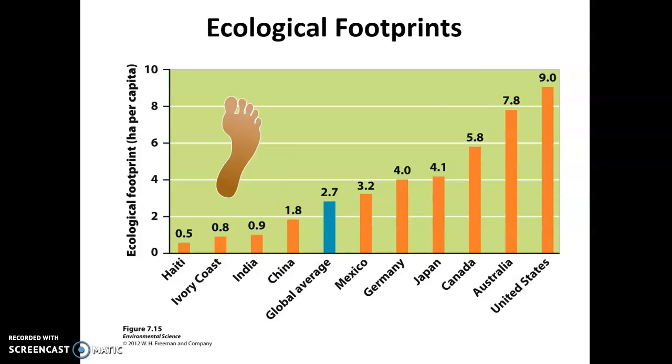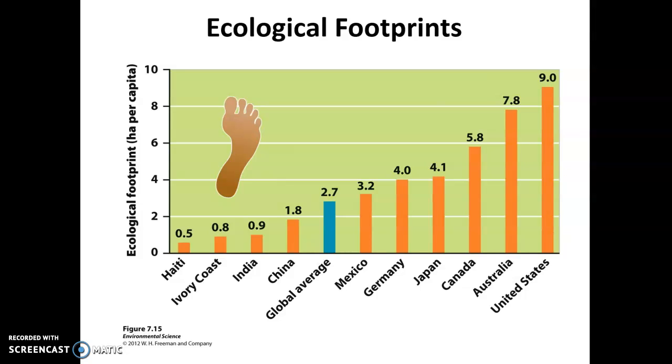And you can see that countries like Japan that certainly have a lifestyle that's very comparable in terms of jobs and economic opportunities, access to health care, and yet they have an ecological footprint that is roughly half of the United States. So we need to see where those improvements can be made. So there's an opportunity for developed countries to lower their ecological footprint, particularly places like the United States.